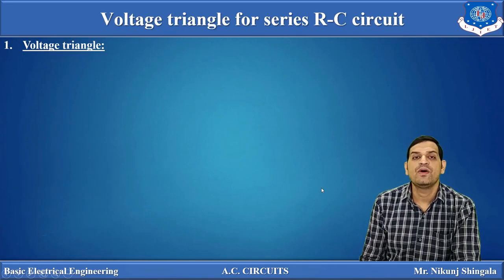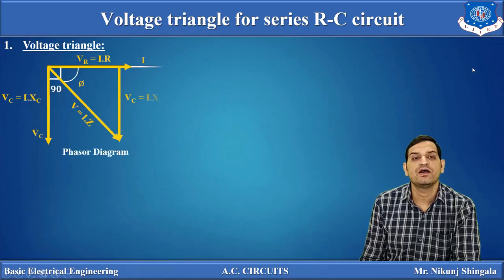Now moving towards the voltage triangle, impedance triangle and power triangle for the series RC circuit. To draw the voltage triangle, we should first have the phasor diagram of the series RC circuit. The series RC circuit consists of a resistor and capacitor in series.